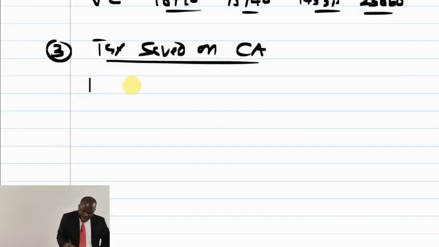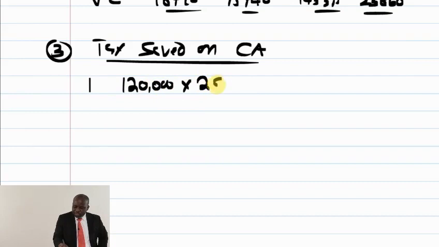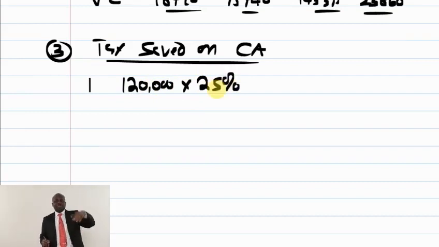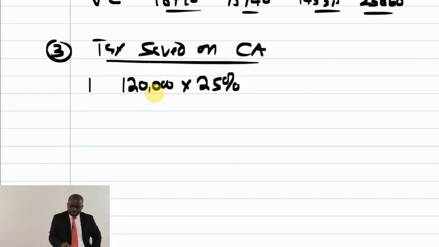Okay, so year one, I will say the cost of it is 120,000 multiplied by the reducing balance rate of 25%. Tax savings is the tax percentage multiplied by the capital allowance. So when I multiply the 120 by the 25%, it ought to give me the capital allowance before I multiply the tax rate.